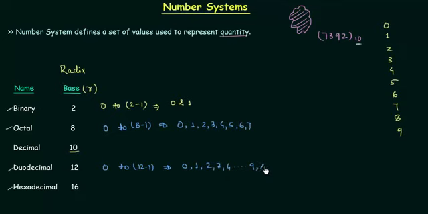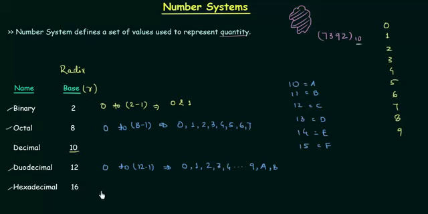And then we have A. We represent 10 as A, 11 as B, 12 as C, 13 as D, 14 as E, and 15 as F. This is how we represent 10, 11, 12, 13, 14 and 15. So 10 is A, 11 is B, and we only have 12 distinct digits from 0 to 11. So we will have 0 to B in the duodecimal number system.